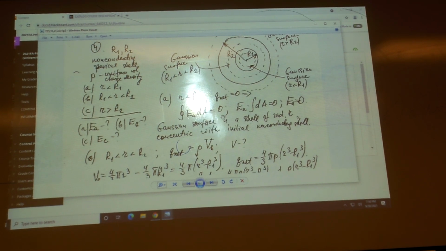On the right side you see 0 because no charges inside of the sphere with the radius R1. So if you take any Gaussian surface of any radius which is smaller than R1, there would be no charges inside. So that is condition R smaller than R1 to choose our Gaussian surface.